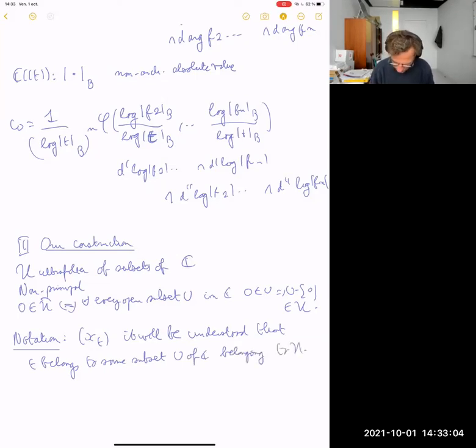And this subset U is not important. If I need, I can shrink it, provided I'm still in the ultrafilter. So I will consider these generalized sequences, if you want.